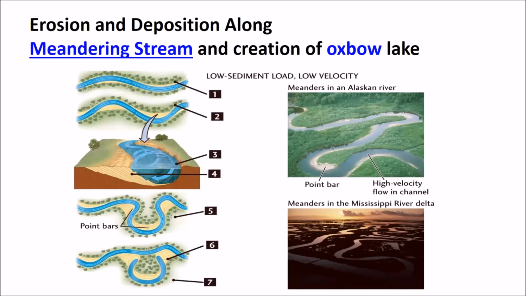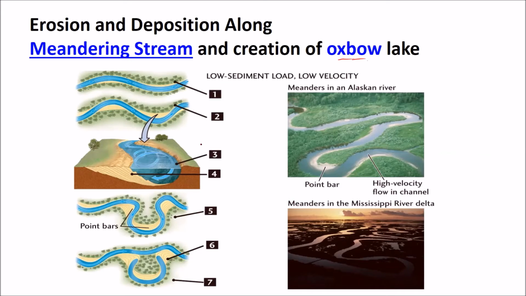And here is how the change in the flow makes the river or stream change direction, and how the oxbow lake, a type of lake, is created. We may sometimes see in many plains an oxbow lake like this.